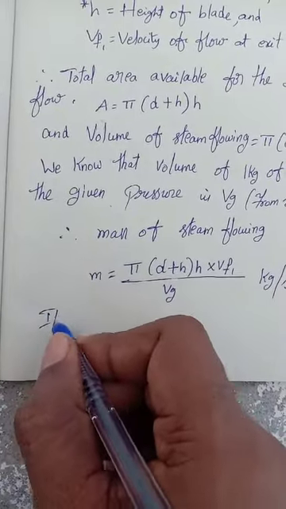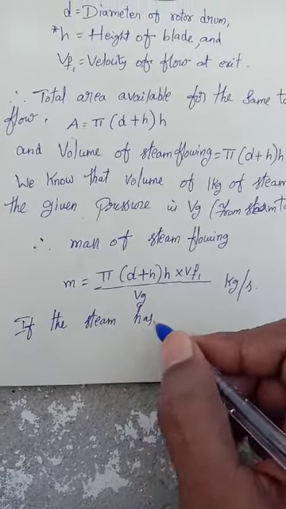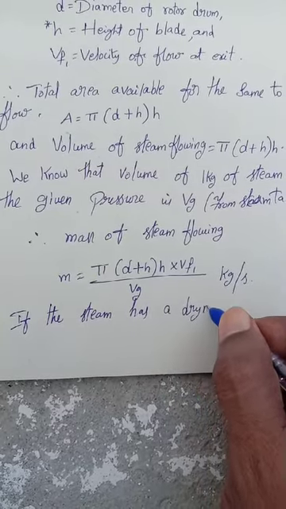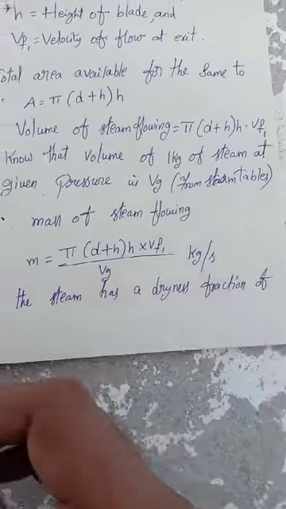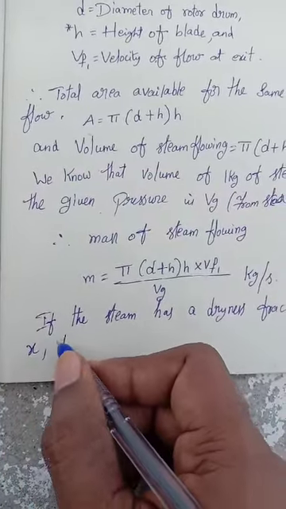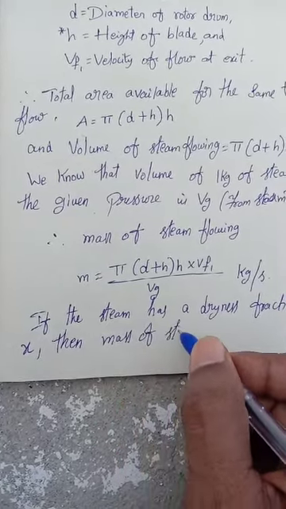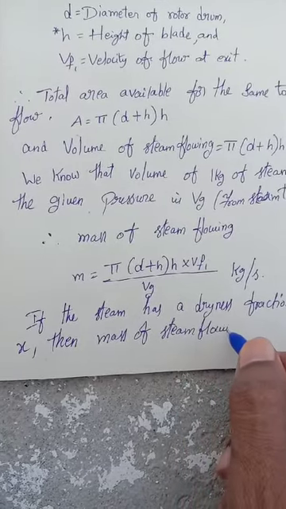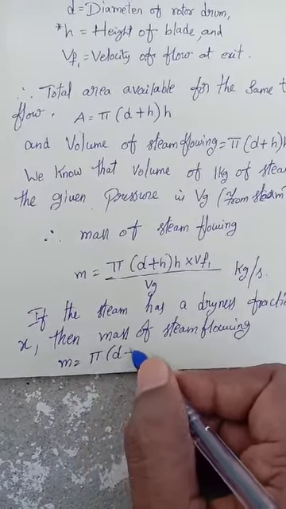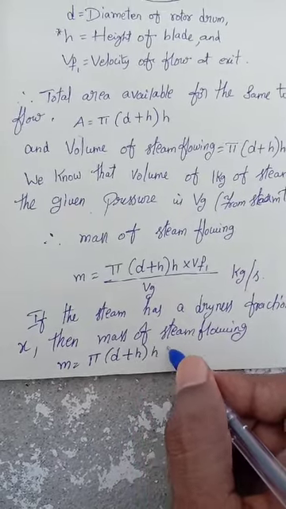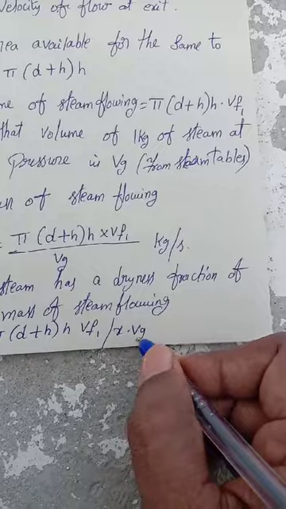Now here, if the steam has a dryness fraction of x, then the mass of steam flowing m is equal to pi into (D plus h) into h into Vf1 divided by x into Vg.